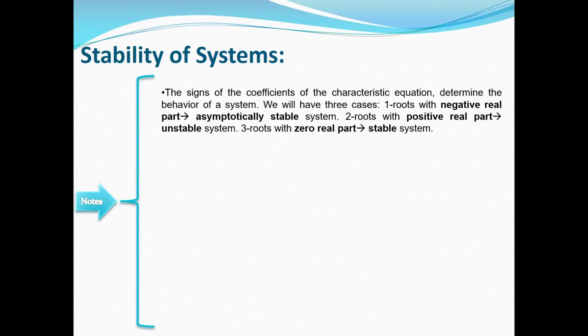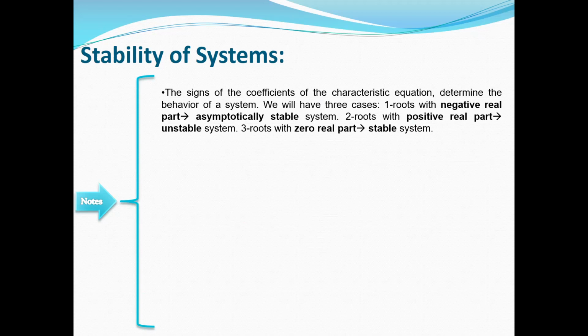when the roots of the characteristic equation have negative real parts, the system is asymptotically stable. It means that the amplitude of the response decreases to zero after a while.